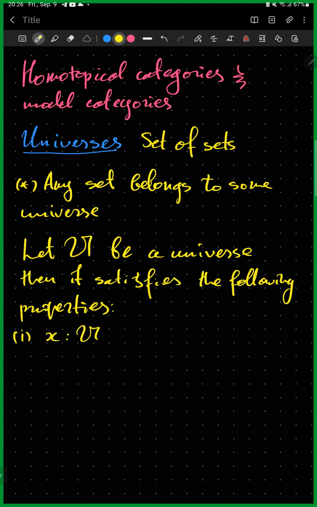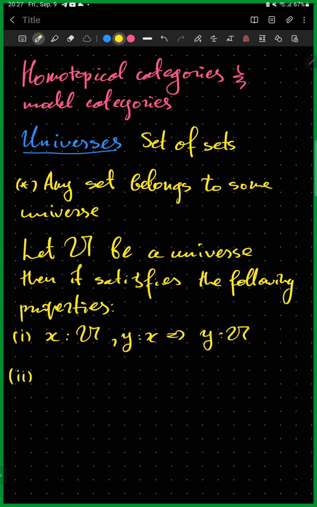So if X is an element of U and Y is an element of X, it implies that Y is also an element of U. So it's what's called the cumulative nature of universes.